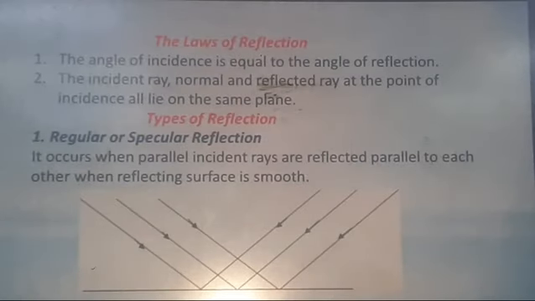Types of reflection. We have two types of reflection. Number one, we have regular or specular reflection. Regular reflection occurs when parallel incident rays are reflected parallel to each other when the reflecting surface is smooth.